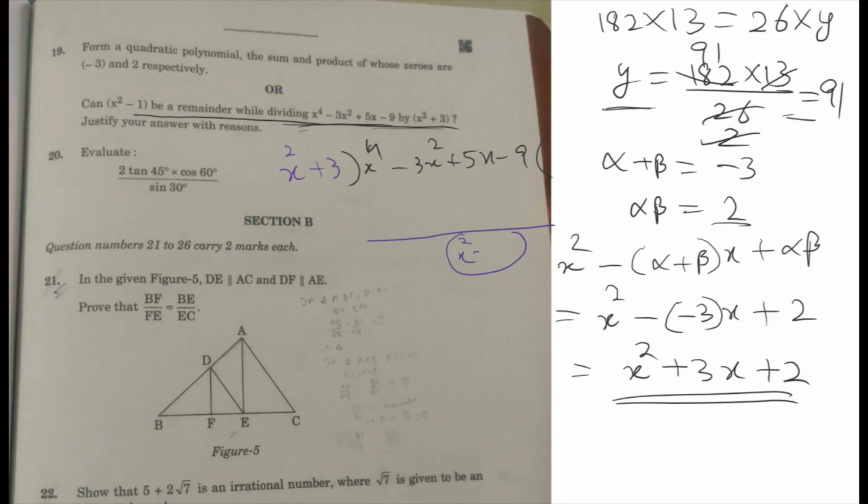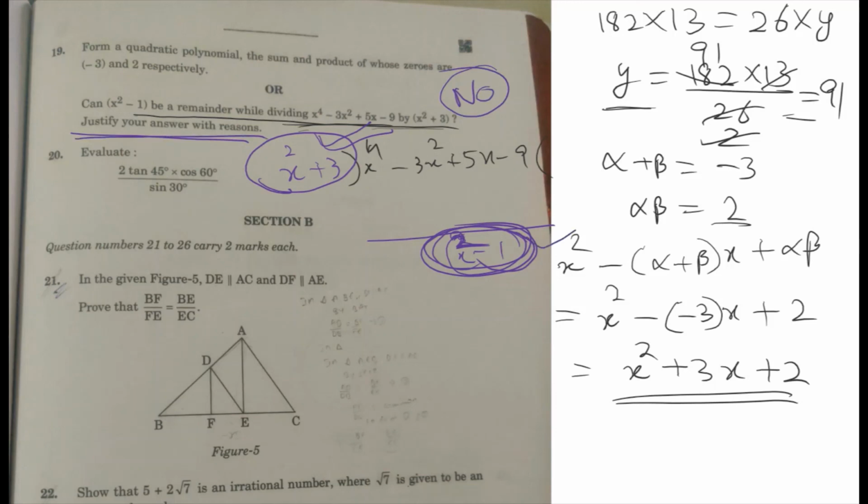We need to check if it is correct or not. Generally, the remainder and the divisor should not have the same degree. It is not possible at all. The remainder should always have a degree less than the divisor. So the answer is no. The justification is that the remainder should always have a degree less than the divisor here.